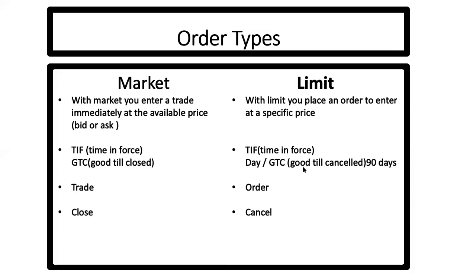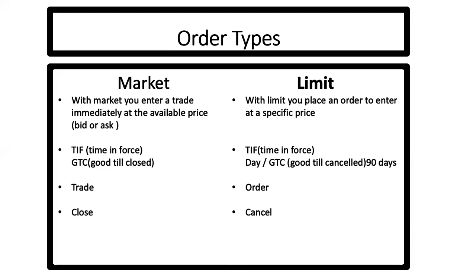Now, can you see where it says TIF? Firstly, TIF stands for time in force, okay? When you are using the limit order type, you have two options under TIF. You can use the day option, or you can use the GTC option. But it is always preferable that when you use the limit order type, you use the day option.